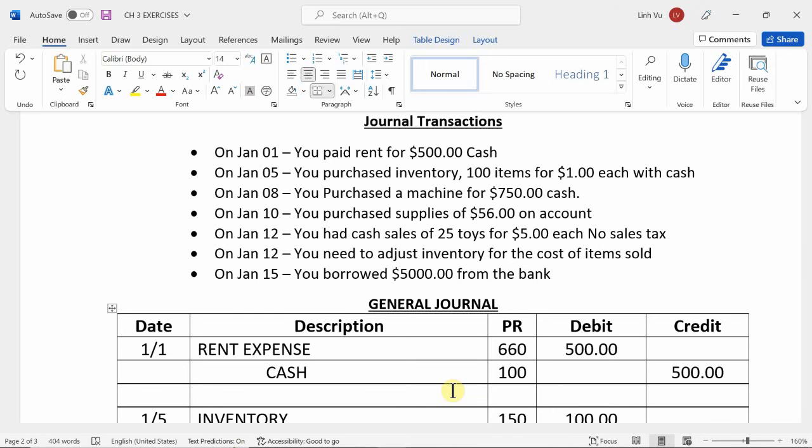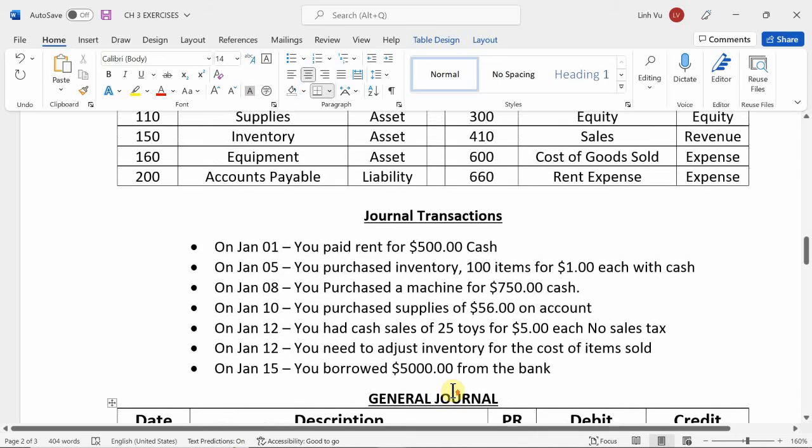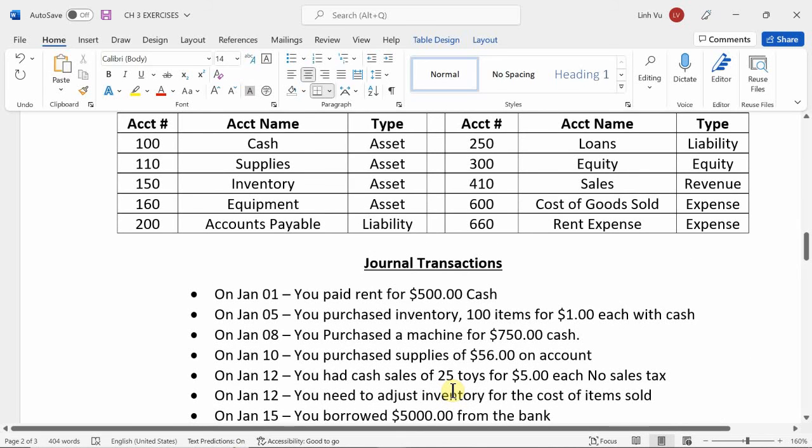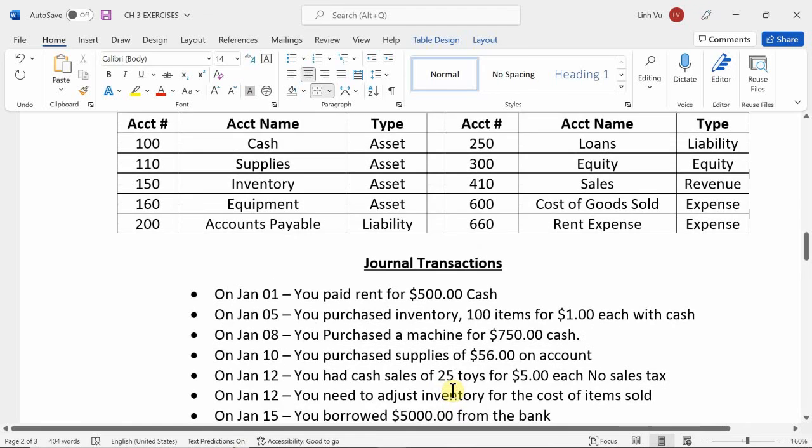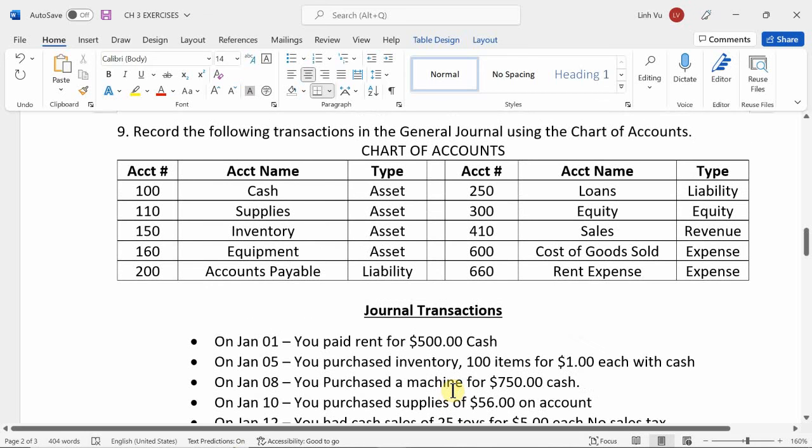So, how do I adjust my inventory? Inventory. Correct. I'm going to be utilizing my inventory, right? What is an account that represents me calculating the cost of what I sold? Cost of goods sold.